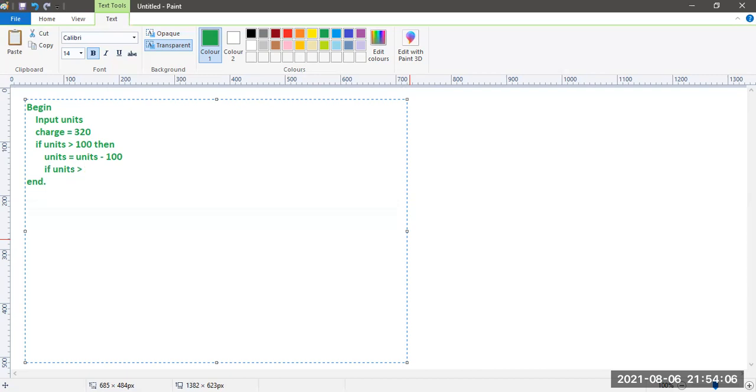Then again you check if the new units is greater than how many? Another 50, right?